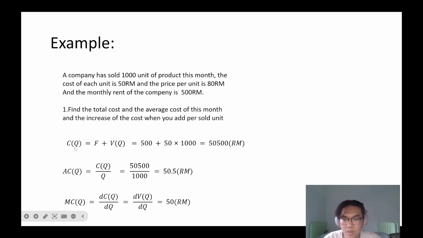So the total cost is 500 plus 50 multiplied by 1,000, which equals 50,500.